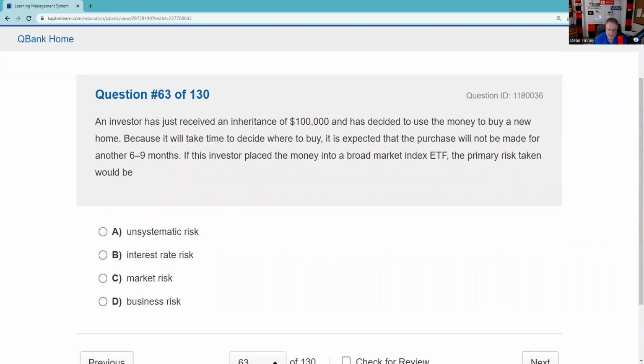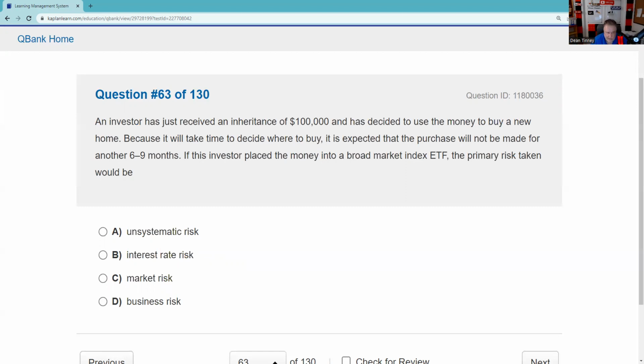An investor has just received an inheritance and decided to use the money to buy a new home. Because it will take time to decide where to buy, this is very much a test question. They give you very much the same kind of question on your exam where somebody's been relocated, what should they do? It is expected the purchase will not be made for 6 to 9 months. If the investor places money into a broad index ETF, man, I just think that's a terrible idea.